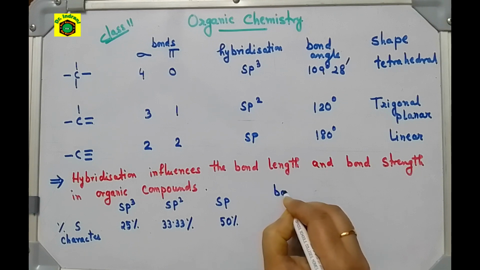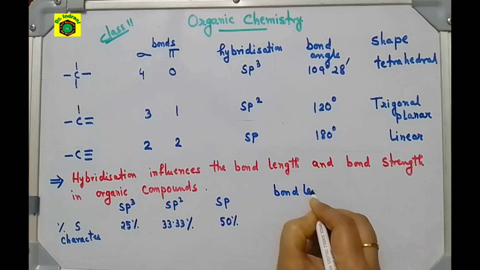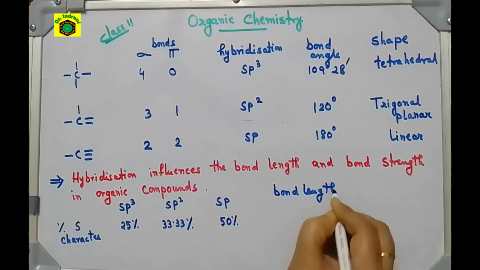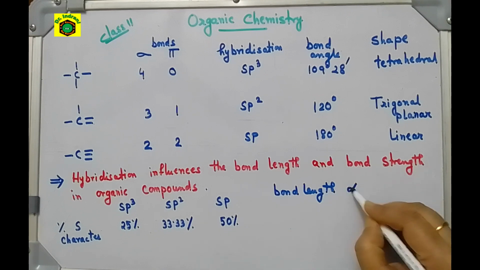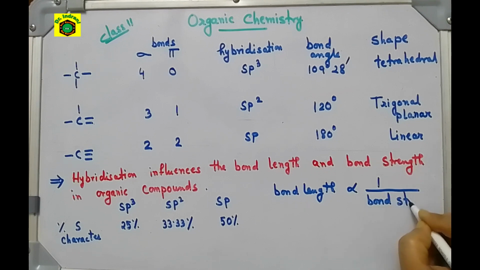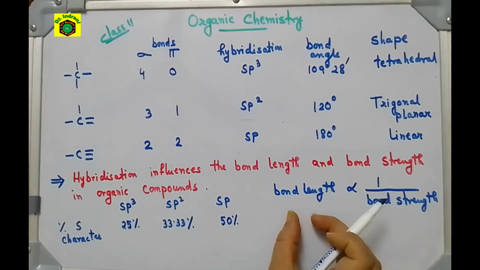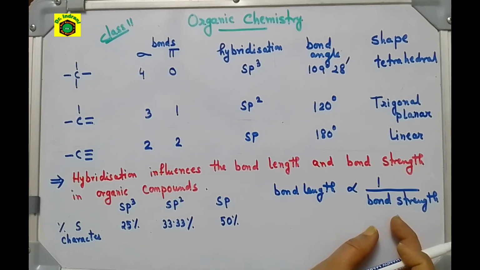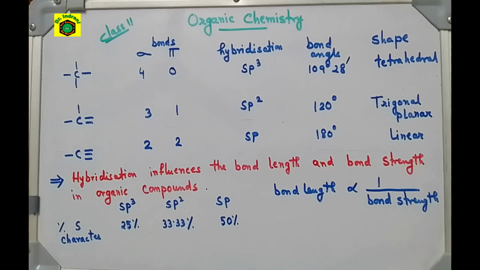They are inversely proportional. Bond length is inversely proportional to bond strength. That means if bond length is small, bond is very strong. Is it clear?